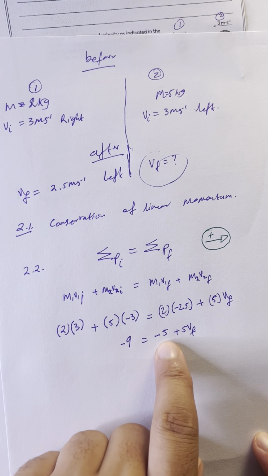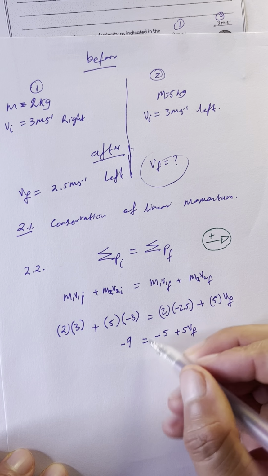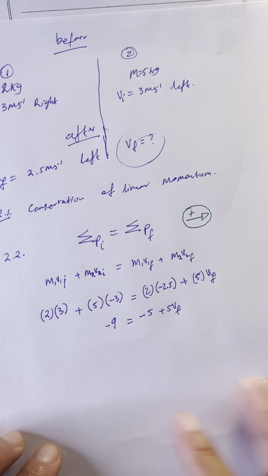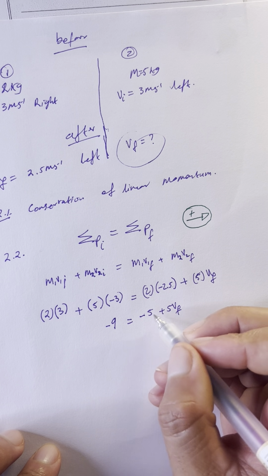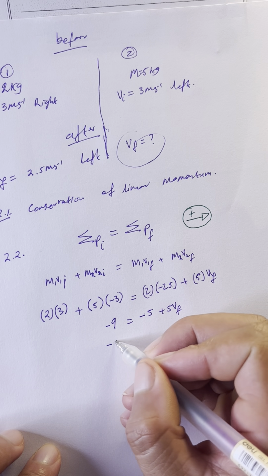Now the next step is to transpose 5 to the other side. It becomes positive, so we will have minus 9 plus 5, so that is minus 4.